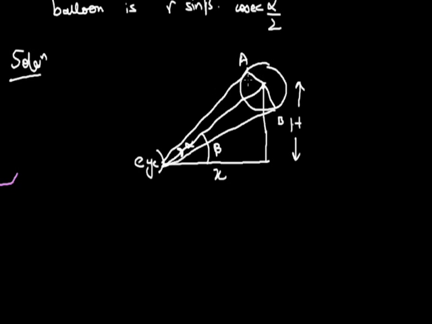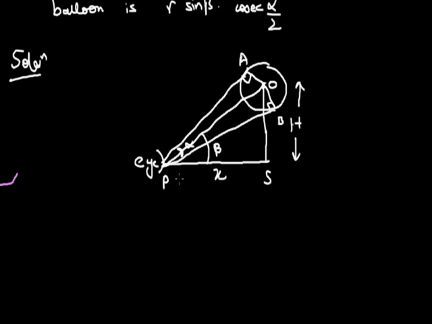If we drop the line from the center of the balloon, the angle it makes with the tangent is actually 90 degrees. Let's take the center as O, and let's take this point as P, and this as S.